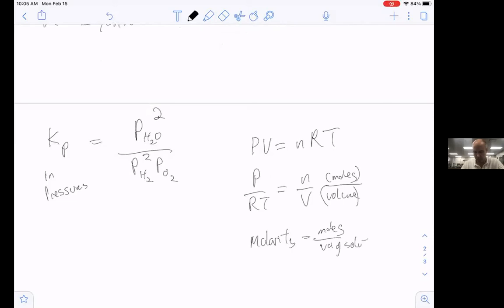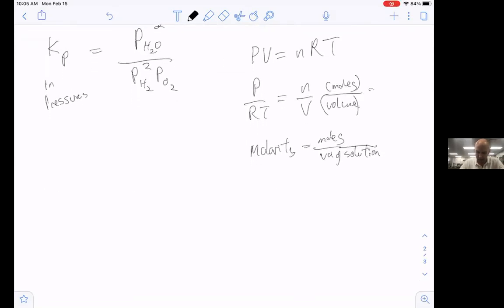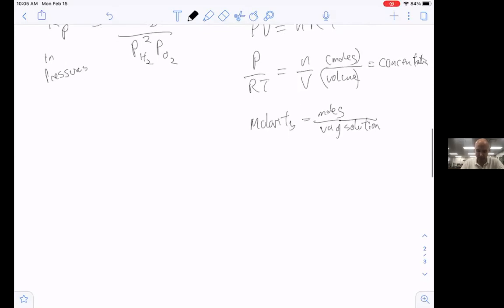So molarity. So molarity is proportional to the pressure over RT. So I could say that n over V is my concentration, and molarity is a measure of concentration.